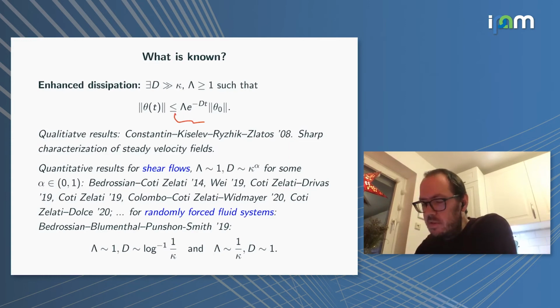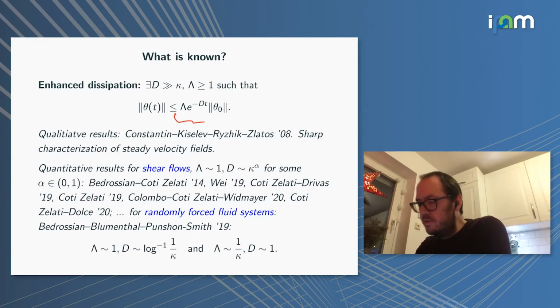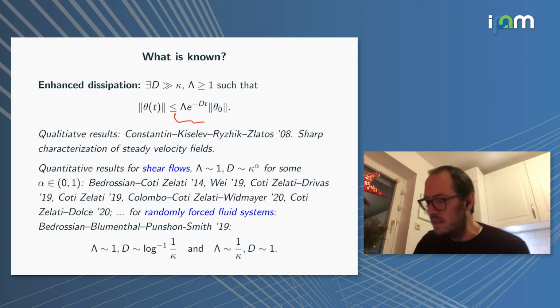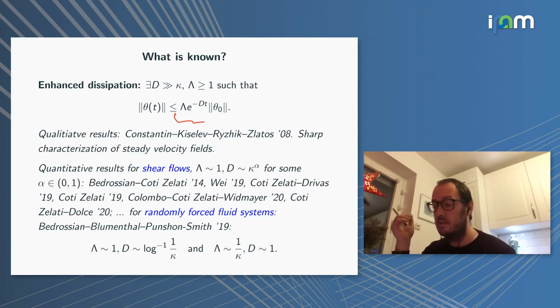The first results have been quantitative. There's this groundbreaking paper by Constantin, Kiselev, Ryzhik and Zlatoš, who derived a sharp characterization of steady velocity fields in which we have the phenomenon of enhanced dissipation. And then in recent years, there have been quite a couple of works on quantitative results, most of them for shear flows.